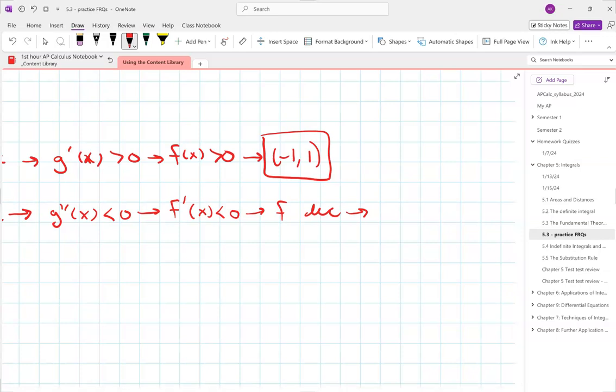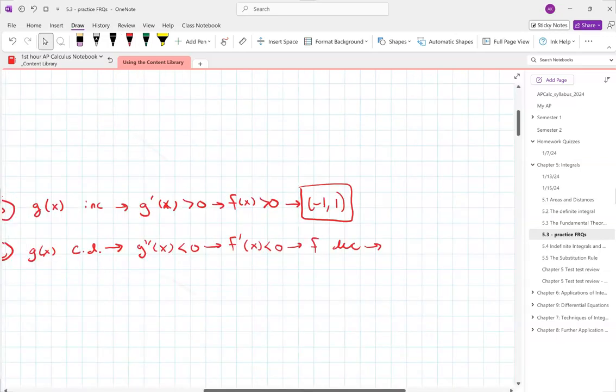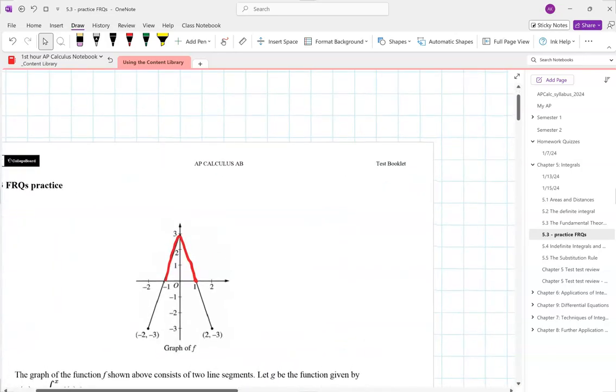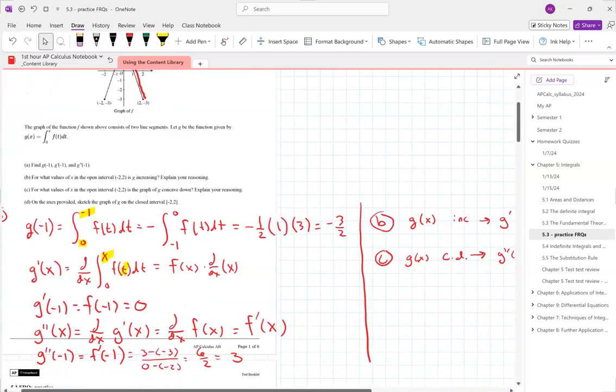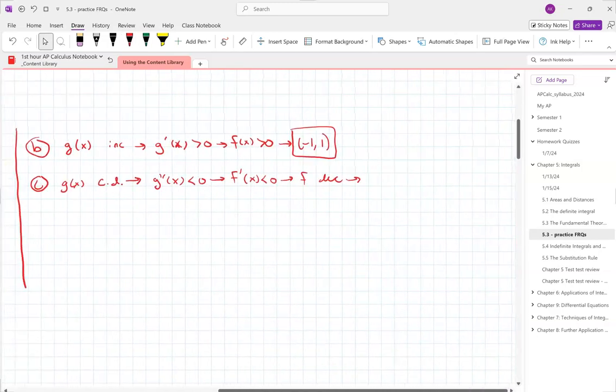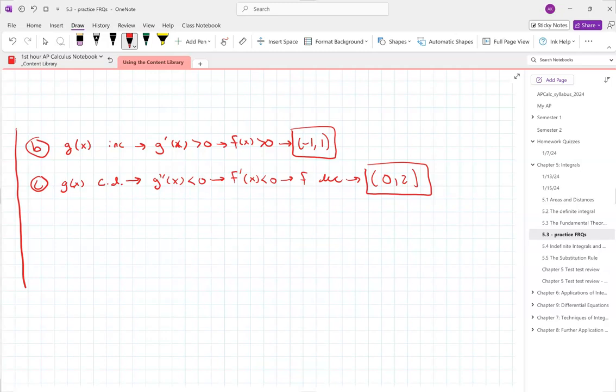So if I go and look at my graph, where is f decreasing? From 0 to 2. Does that feel okay there?